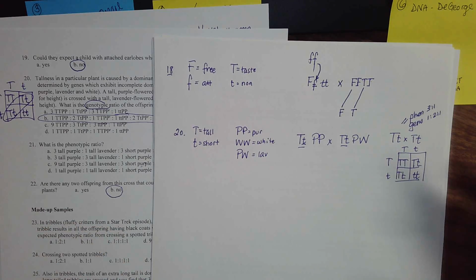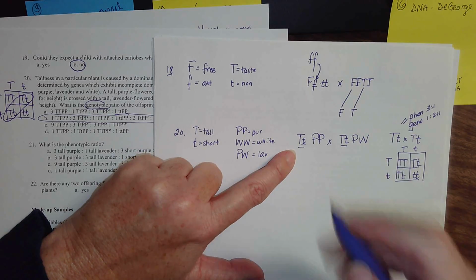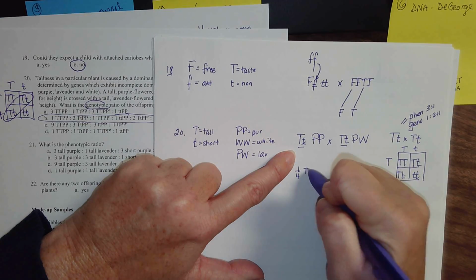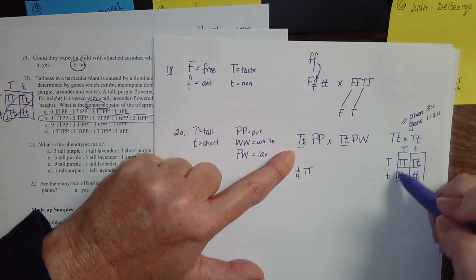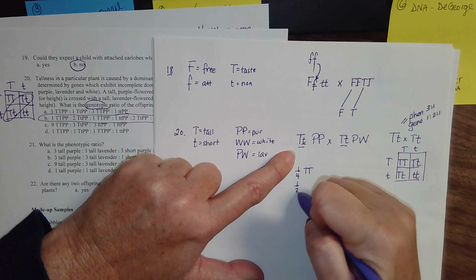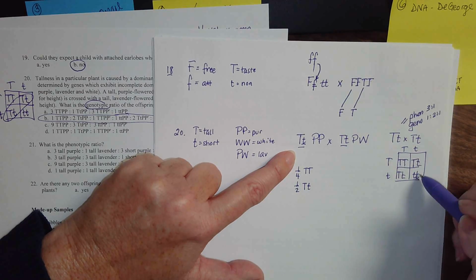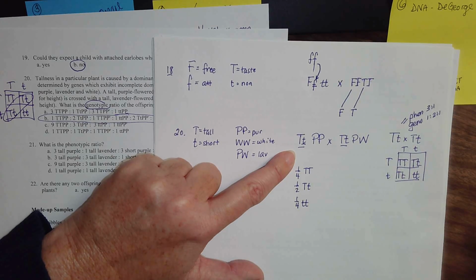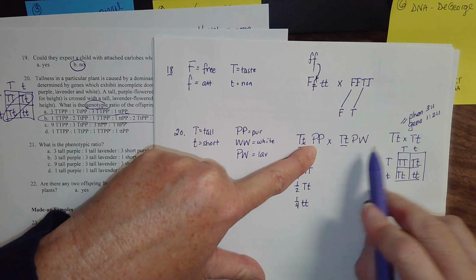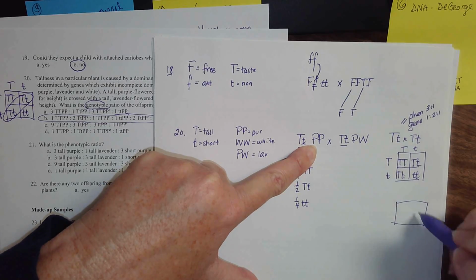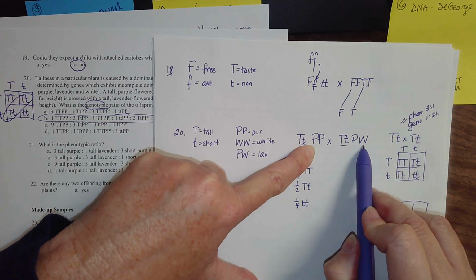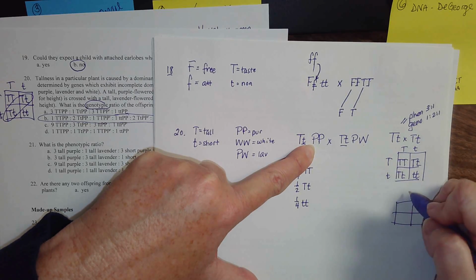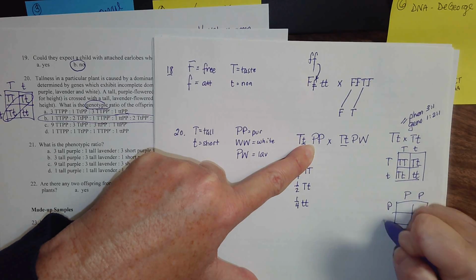So in short, what that means, when I do this cross, I'm going to have 1/4 big T. I'm going to have 1/2 big T, little t, and I'm going to have 1/4 little t. Then, if you want to do this Punnett square, you'll see that you're going to get half and half. When you have a homozygous and a heterozygous, your offspring are half and half. So we'll just kind of illustrate that here.